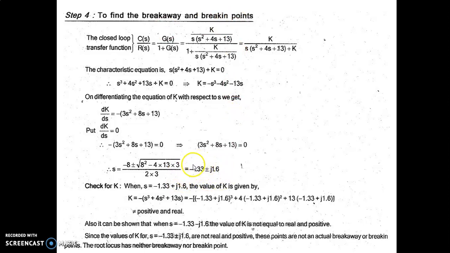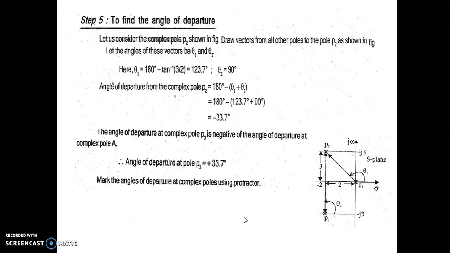So you have to substitute these values in the expression of k. If k is getting positive and real values, then it is a breakaway or break-in point. After substituting, we did not get positive values, so the root locus has neither breakaway nor break-in points.